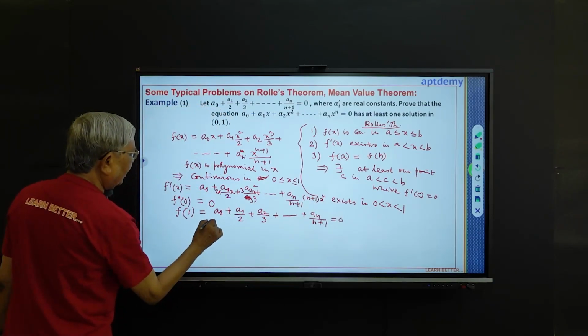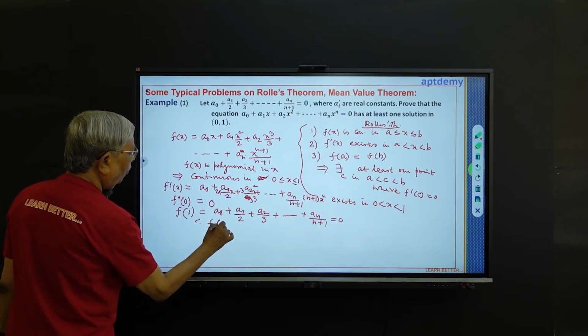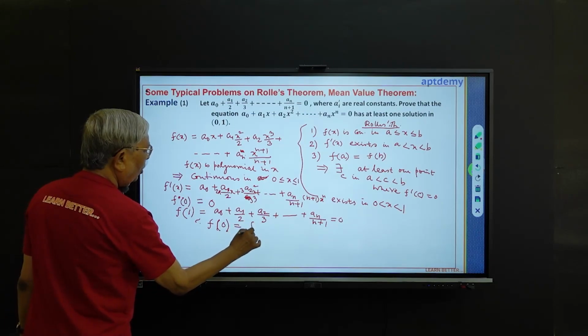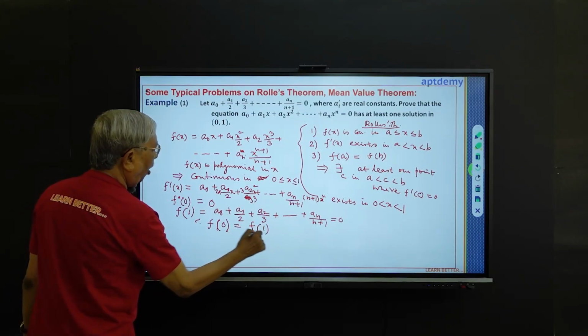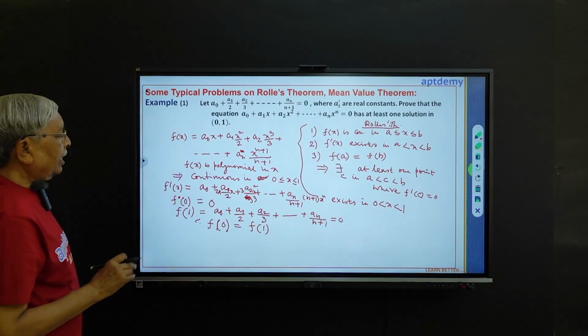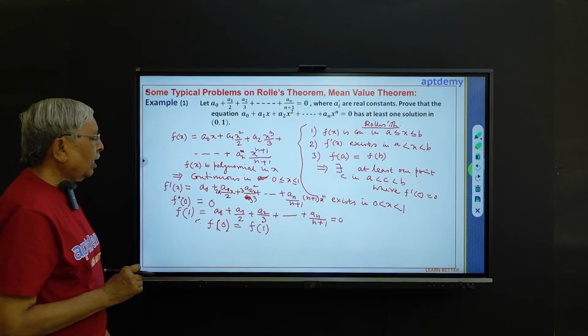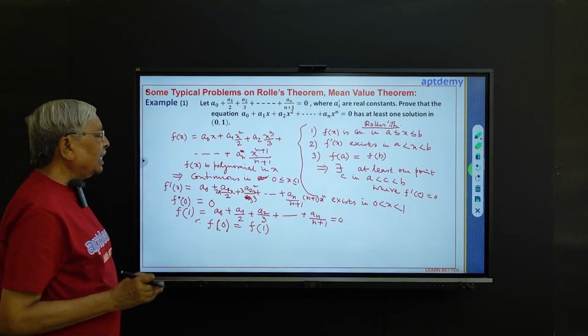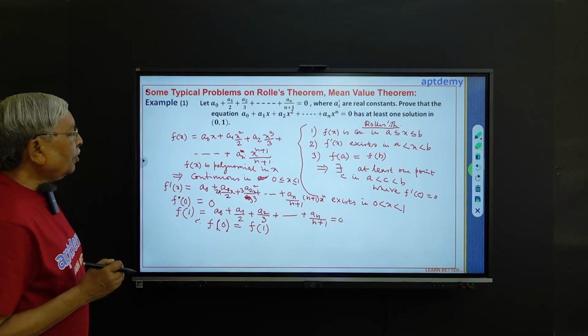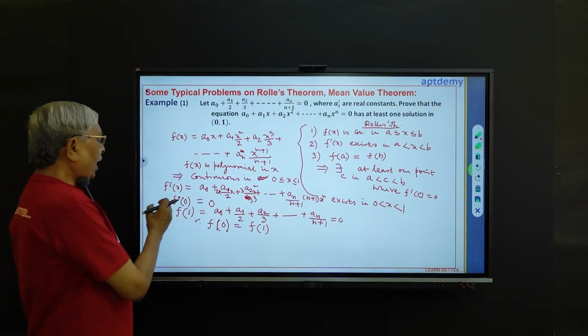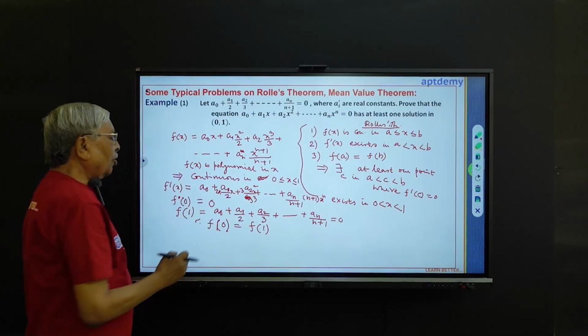Therefore we can write f(0) equal to f(1). So the three conditions of Rolle's theorem are satisfied. Number one, f(x) is continuous. Number two, f dash x exists in the open interval. And number three, f(a) equals f(b), that is f(0) equals f(1).